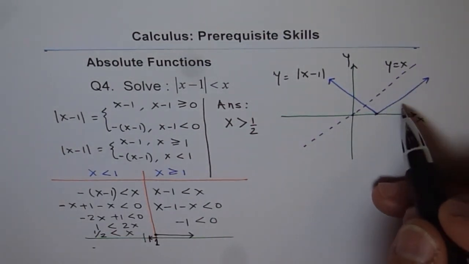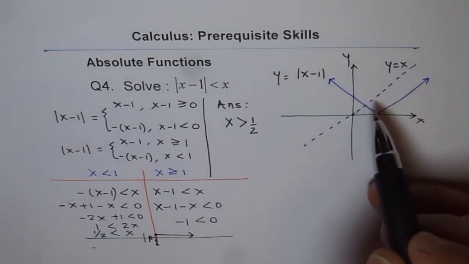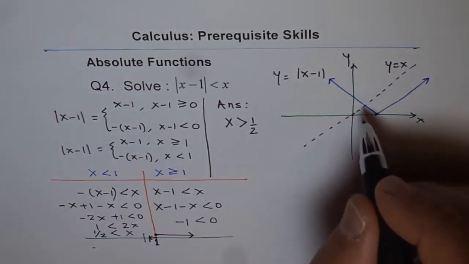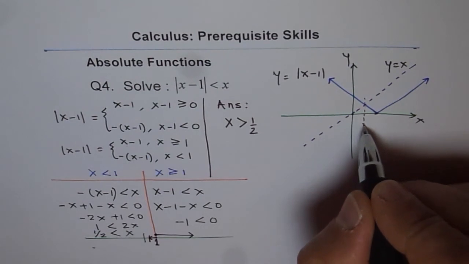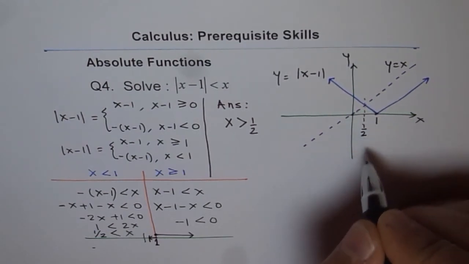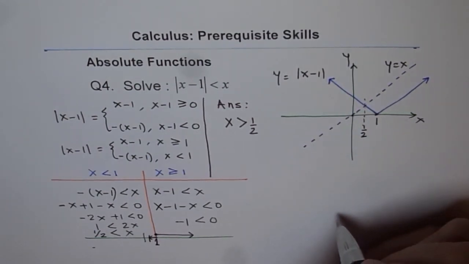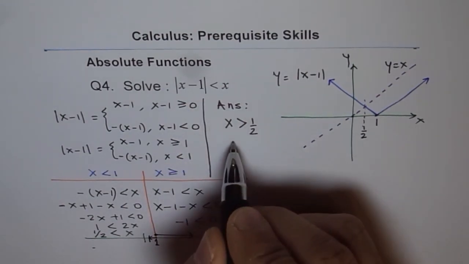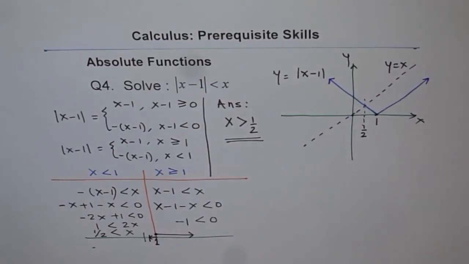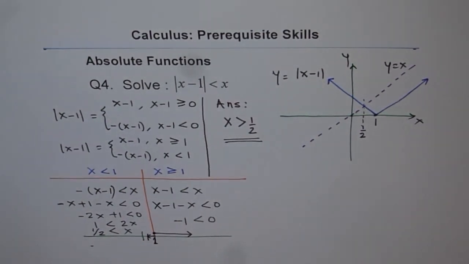As you can clearly see, y = x is greater than |x - 1| from this point onwards, and this point is half. This is 1 for us. So that is the solution, and therefore the solution of this inequality is x greater than half. I hope you understand. That is how we solve absolute function inequalities. Thank you.